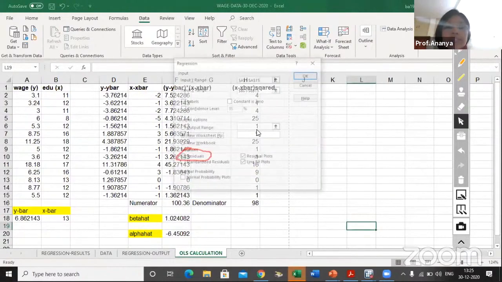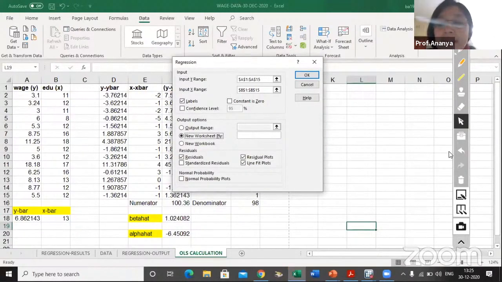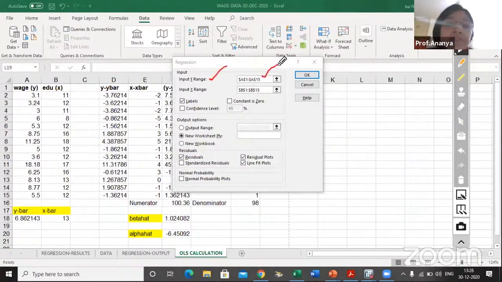So regression, and it's going to open this dialog box. Once you have opened this dialog box, you will be asked for the dependent variable range. Specify that. Explanatory variable range, you specify that. Ask for data labels. This is a default confidence interval; you can ask for some other confidence interval also.